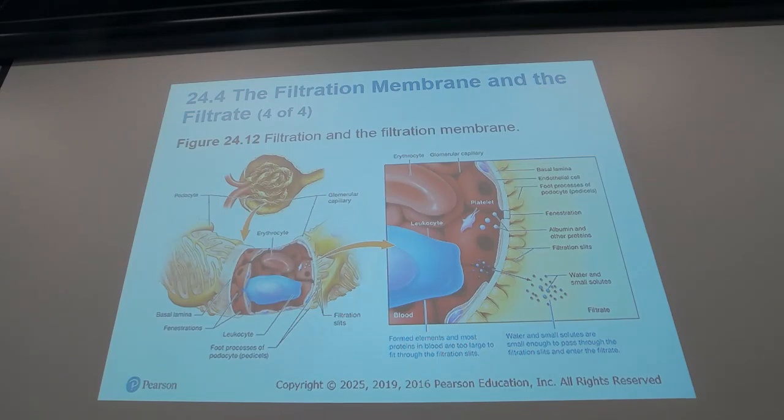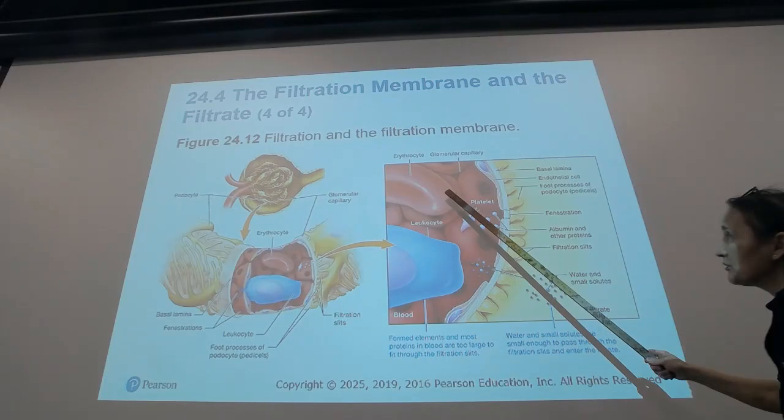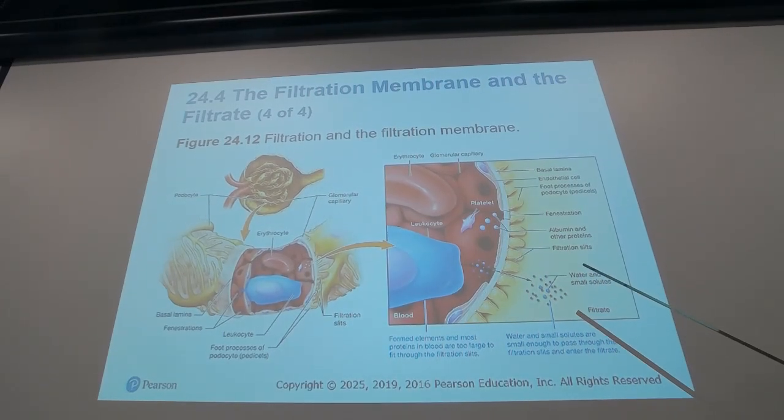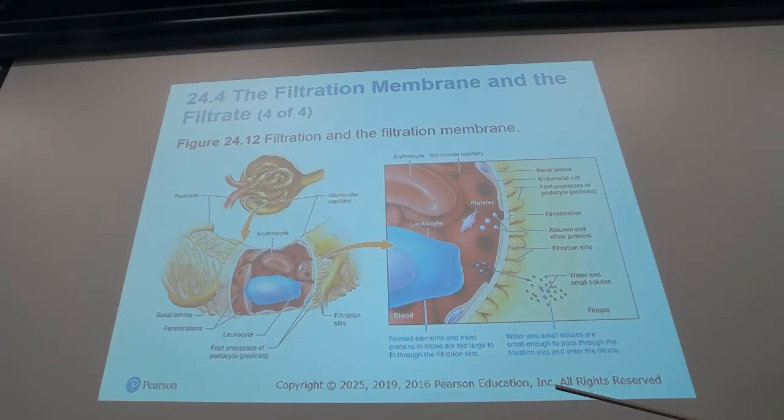Well, the grounds will go into the filter, right? So that's what happens with glomerulonephritis. You can have large gaps here, and you have escape of erythrocytes, leukocytes, proteins. And then you end up losing a lot of good things.